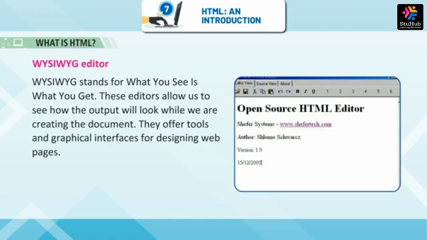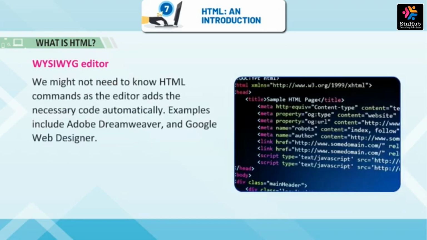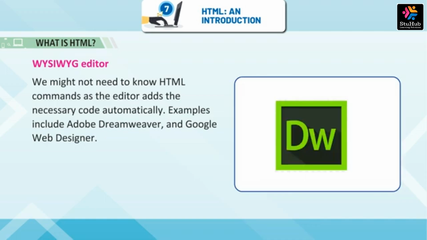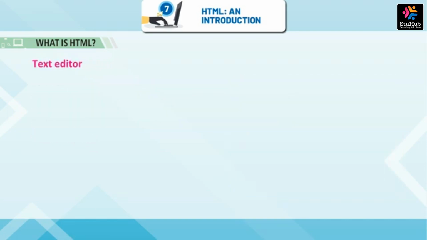WYSIWYG stands for What You See Is What You Get. These editors allow us to see how the output will look while we are creating the document. They offer tools and graphical interfaces for designing web pages. We might not need to know HTML commands as the editor adds the necessary code automatically. Examples include Adobe Dreamweaver and Google Web Designer.